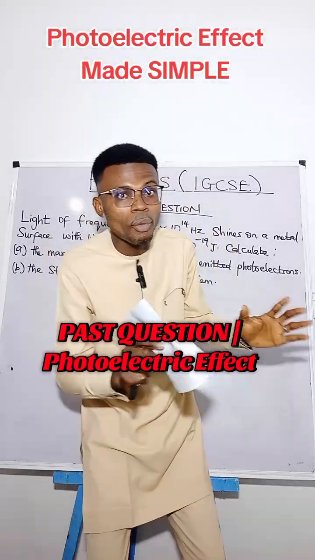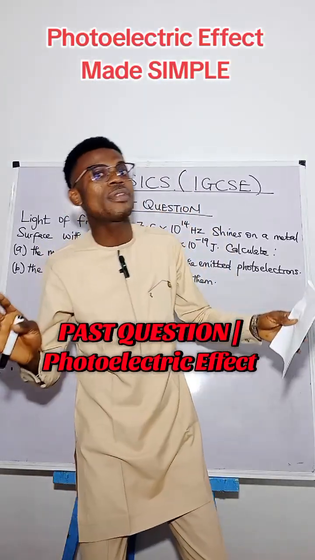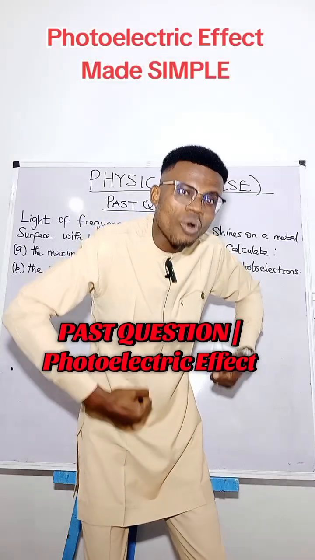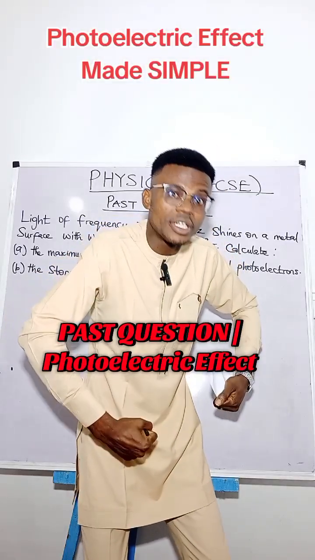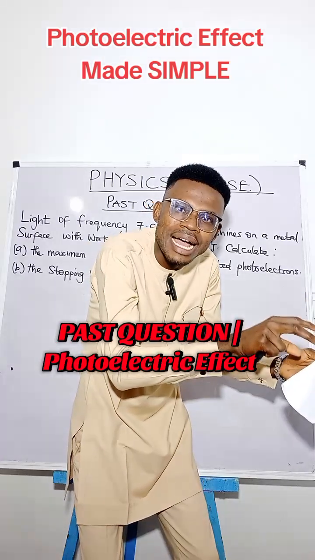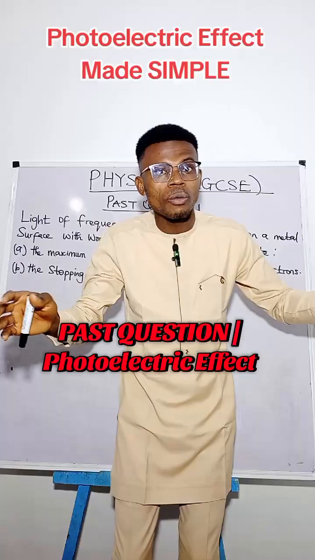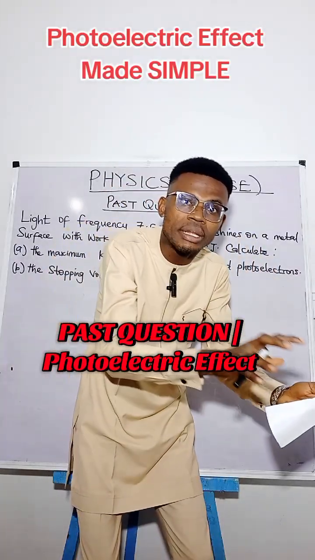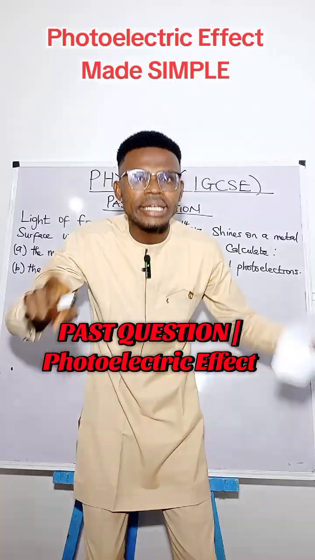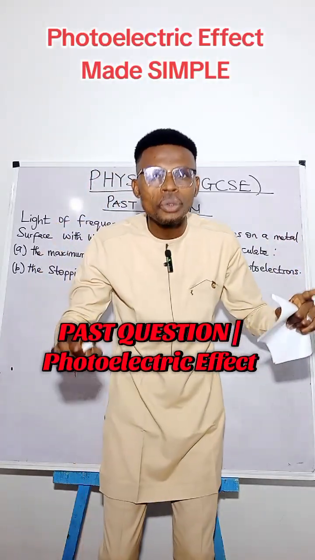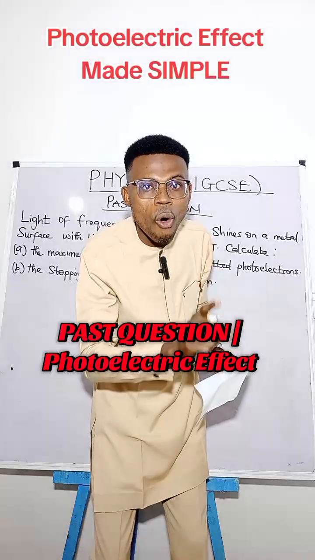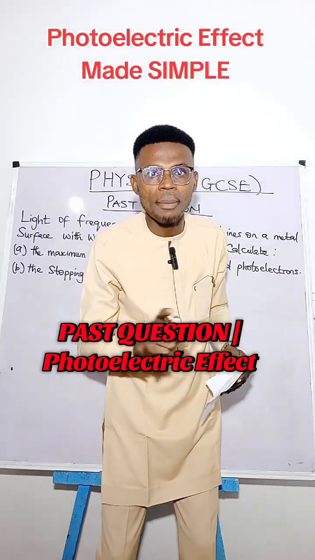As these photons fly through space and hit a metal surface, if the energy of the photon is strong enough, it can knock out electrons from the metal surface. That phenomenon, whereby light falls on the metal and electrons are emitted or liberated, is what we call the photoelectric effect. The electrons being emitted are called photoelectrons. I believe that is clear.